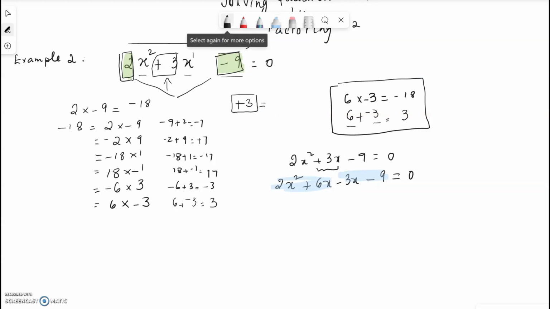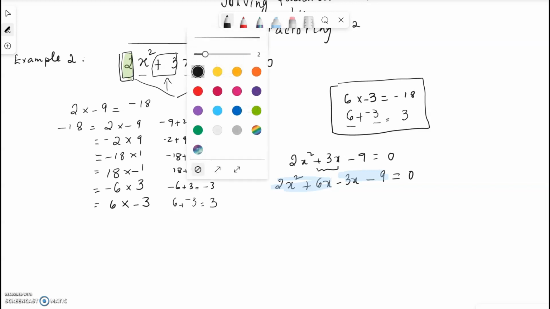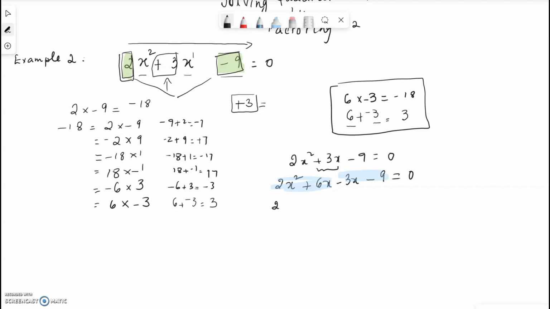So let's begin factoring. So we have 2 as a common factor between 2 and 6. And x is also a common factor. We have an x squared and x. So let's just factor out a 2x. So when we factor out a 2x from x squared, remember that 2x squared is 2x times x.